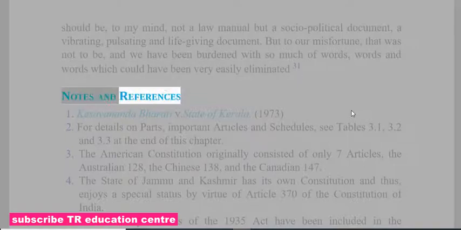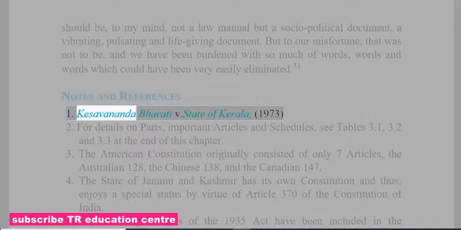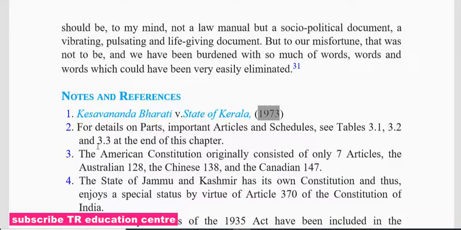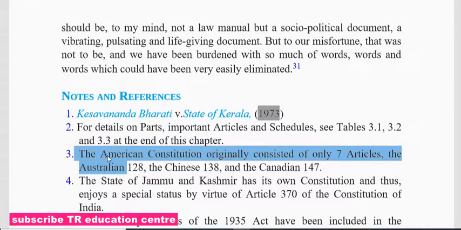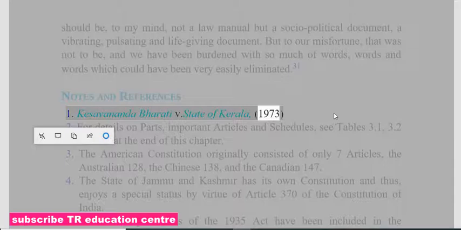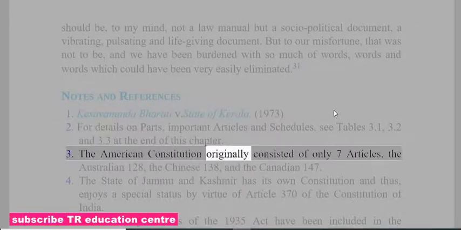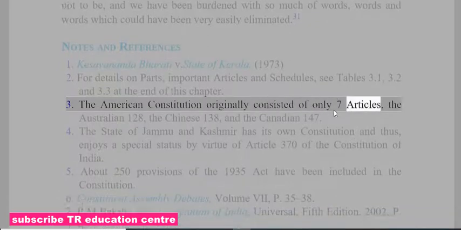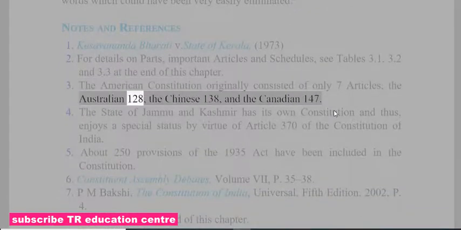Notes and References. 1. Keshavananda Bharati v. State of Kerala, 1973. The American Constitution originally consisted of only 7 articles, the Australian 128, the Chinese 138, and the Canadian 147.